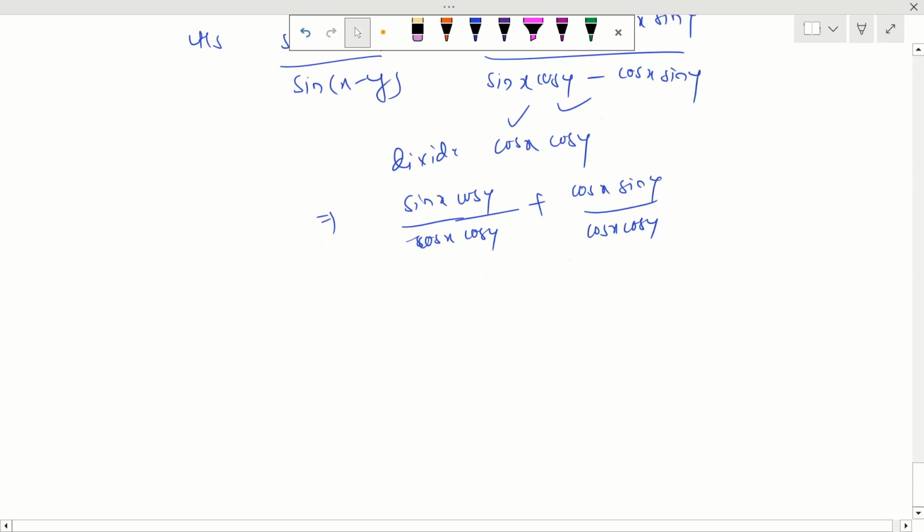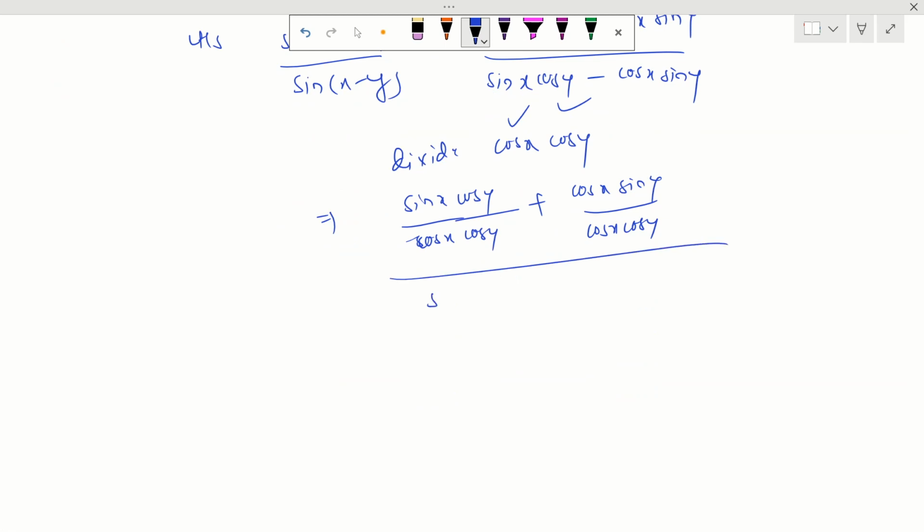And the whole thing is divided by sin x cos y divided by cos x cos y, minus cos x sin y divided by cos x cos y.